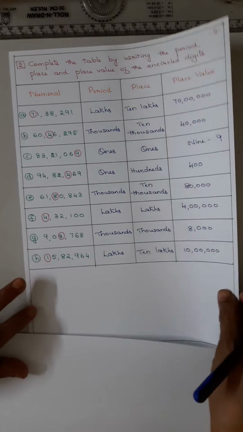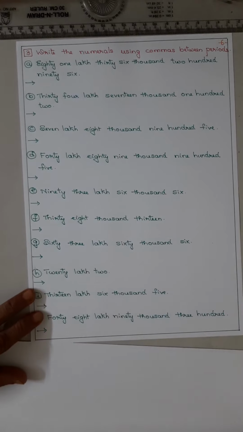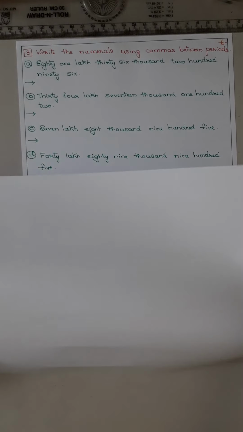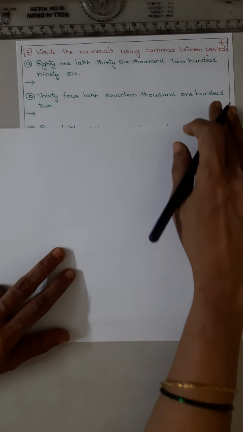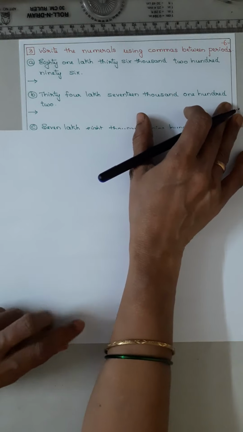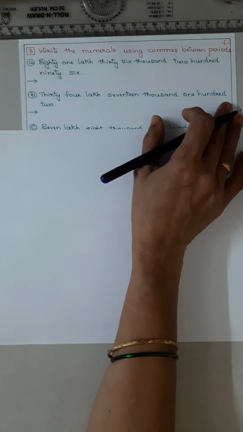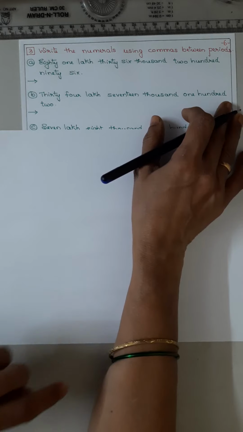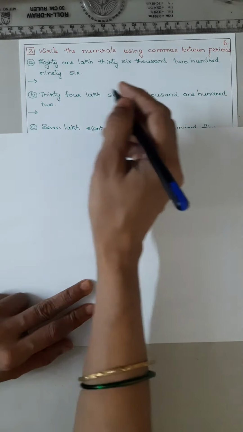Now coming to question number 3, write the numerals. See, number names are given, you have to write the numerals. 81 lakh. So the way you have written the number name, the same way in reverse you have to do. Okay, 81 lakh.